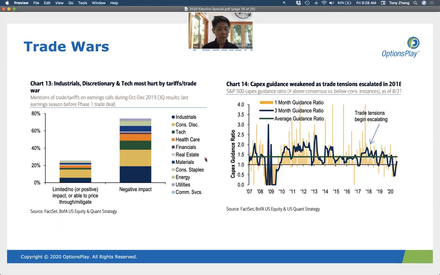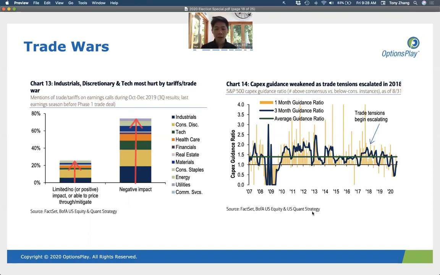And what we see here is that almost 80% of S&P 500 companies reported that they had a negative impact from those trade wars, versus just a little over 20% who said they either had a limited or positive impact, or they were able to mitigate whatever impact by passing on those costs to their customers. So as you can see, by far, the tariffs that Trump put in place had a substantial negative impact on the S&P 500 names.